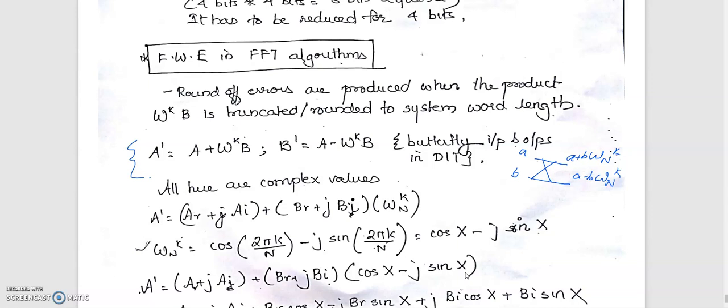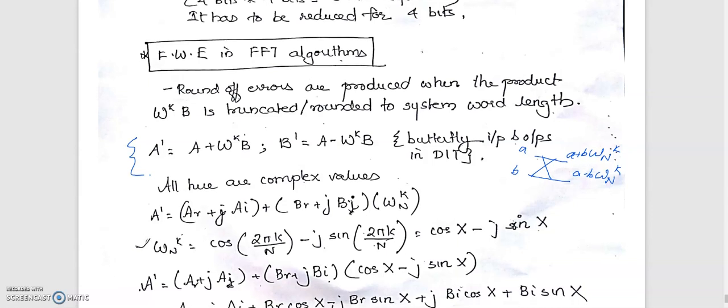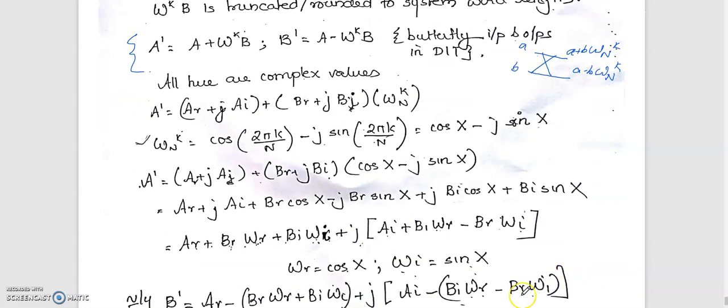Here all the values are complex values. The output will be a result of A_R, which means A is treated as a complex value, which is why it has a real part and an imaginary component. Similarly, B also has its own real and imaginary component, and W_N^k is cos x minus j sin x, which we already know.